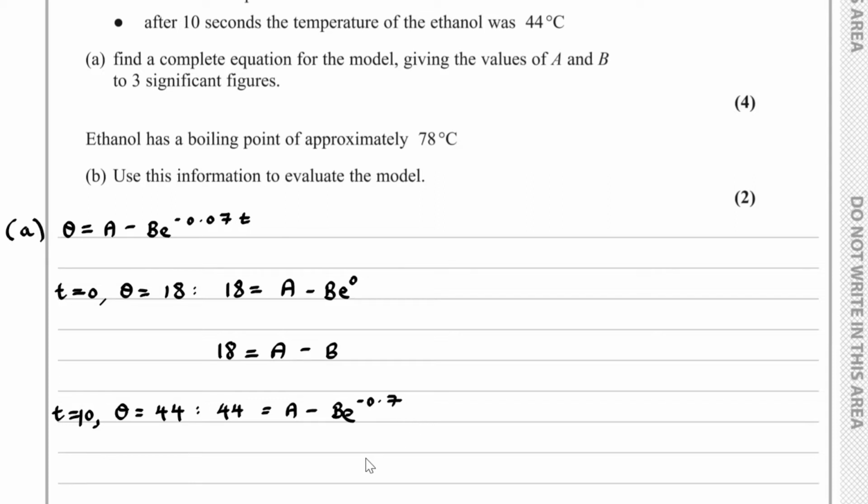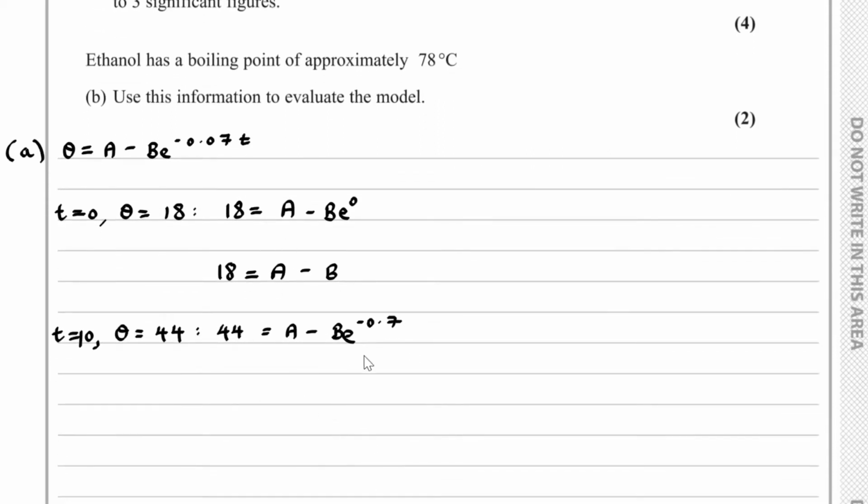So we can rewrite this to help us find the value of A and B. Essentially, we've got a simultaneous equation to solve. So if I rewrite this, I have 44 equals A minus B over e to the 0.7. Of course, something raised to a negative power is 1 over something.